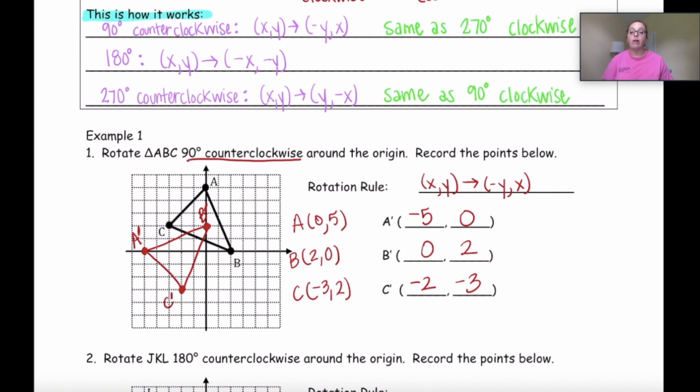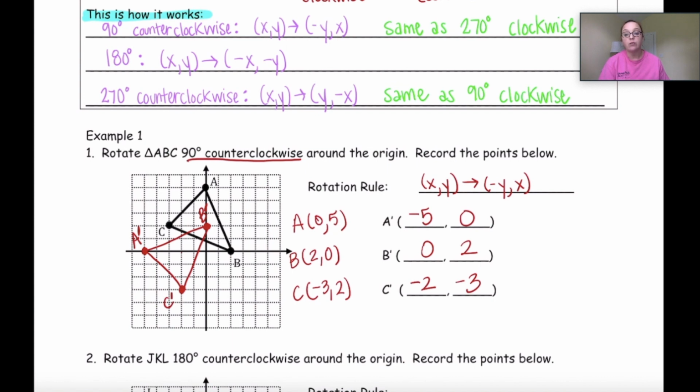Okay, so that red triangle is a 90-degree counterclockwise rotation of the original image of triangle ABC. So that's the gist of it. We're going to follow that same procedure regardless of how many degrees we're rotating.